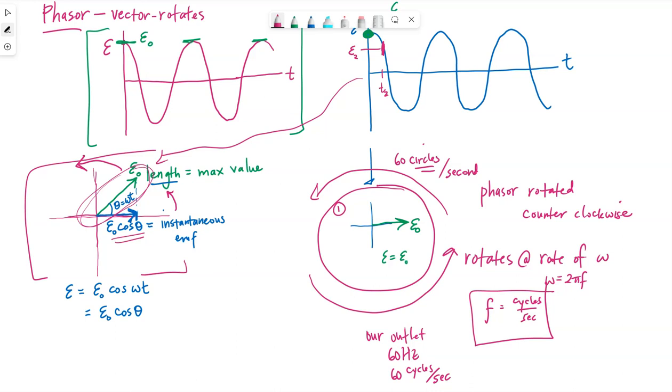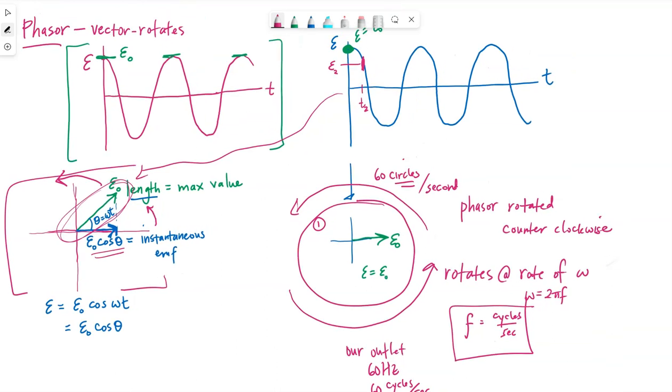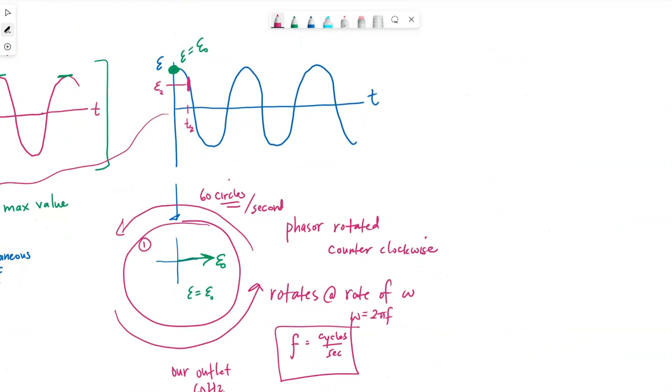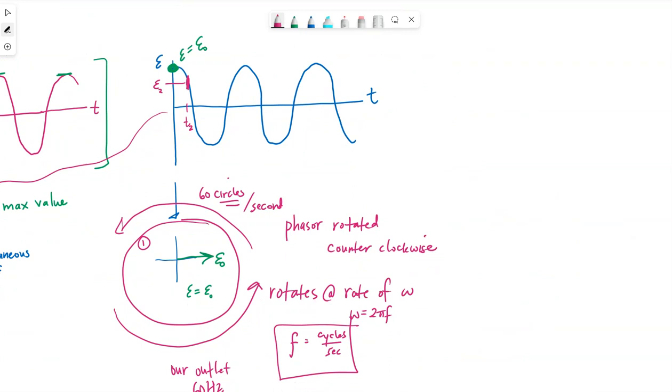So for example, coming back up to my graph, let's say we wanted to talk about this moment in time. Really, I should do a dot. So there's a certain moment in time here. I know the instantaneous value of the EMF is negative.